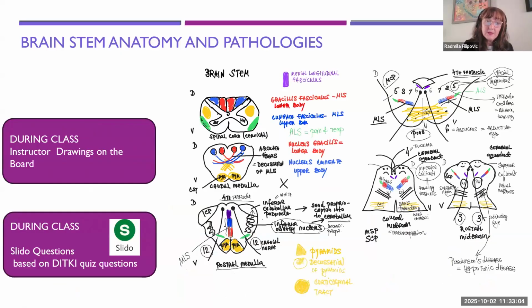So during class, I go back to those tutorials and then draw, sometimes on the board, sometimes on my iPad. And I also use my own way to incorporate Draw It to Know It.